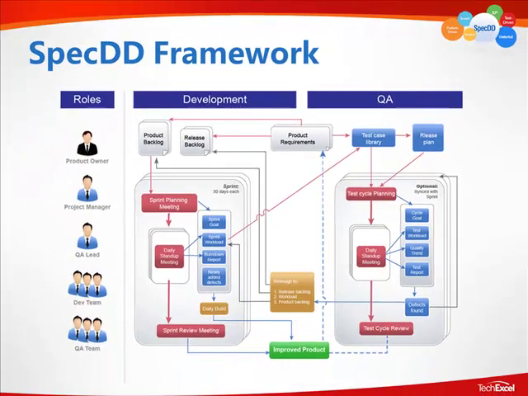They'll have their test cycle planning. The QA team will also have a daily stand-up meeting to cover their cycle goals, their workloads, the quality trends, the testing reports, defects found, and so on. This then combines back to create the improved product, which starts the cycle over again.